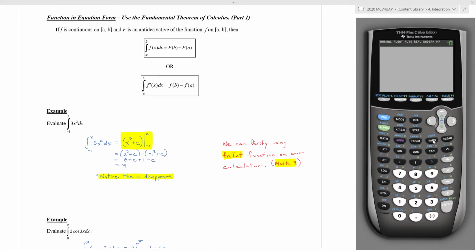Well, we go to vars, y vars, and select the function where we put 3x squared, which is in y1. And we're integrating with respect to x, so make that an x. And then just hit enter. And you get the value of the definite integral, which matches what we got. Any questions on that? So it's just math 9.